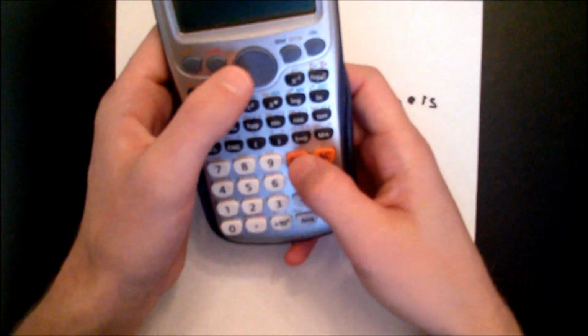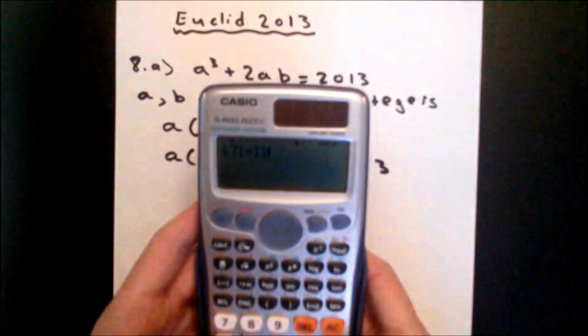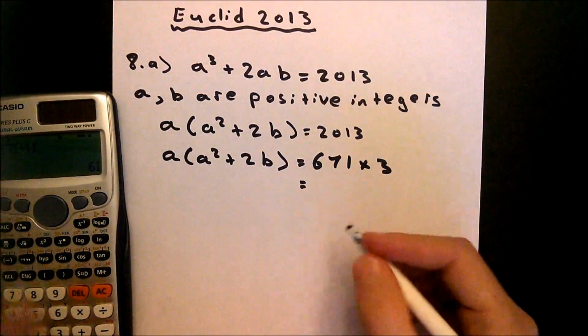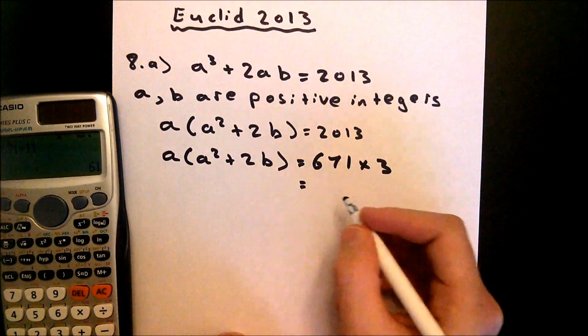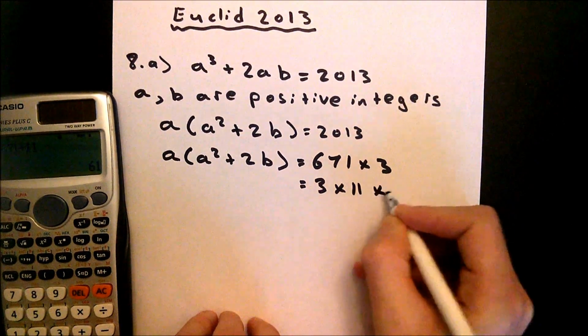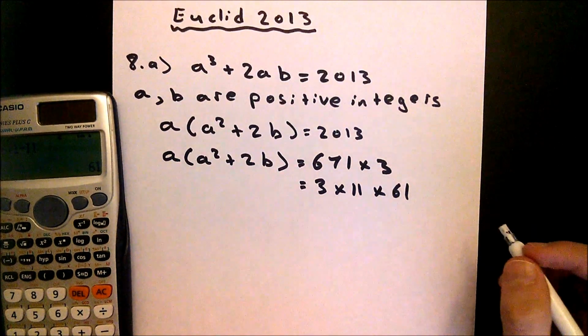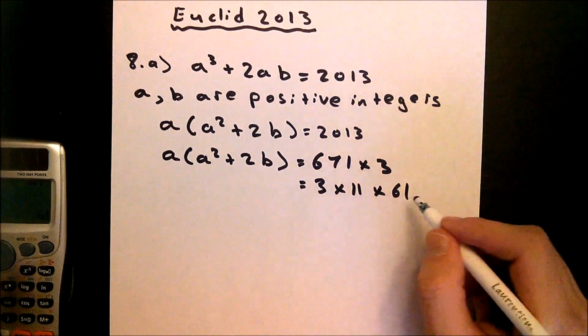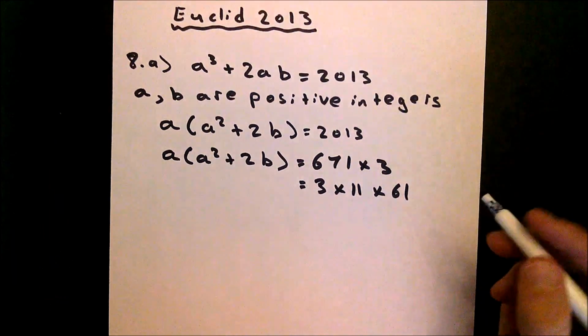I'm going to try dividing by 11, and 671 divided by 11 is 61. So now I can write this as 3 times 11 times 61, and 61 is actually a prime number, so now we've reached the prime factorization of 2013.